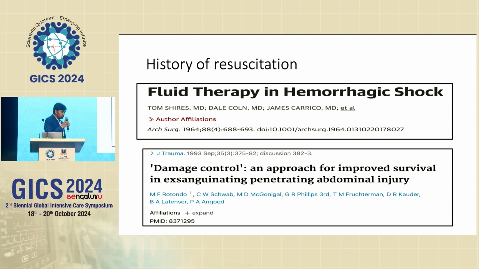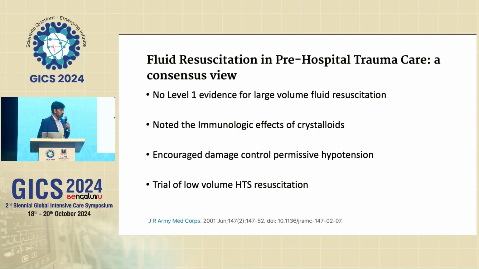And it took Rotondo et al. in 1990 to come up with damage control resuscitation, which we practice here, and back then it was not supported by many traditionalists. It was only 8 years after this study that the American Army Medical Corps published a BMJ consensus that trauma has to be handled in a different way with damage control resuscitation. So this is the basis on which we are resuscitating trauma patients.